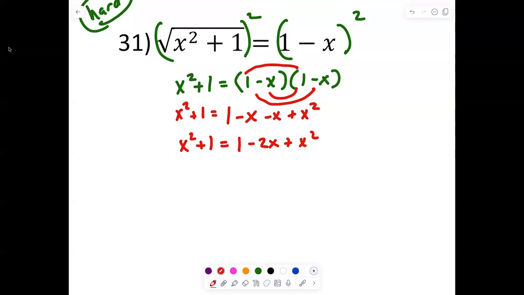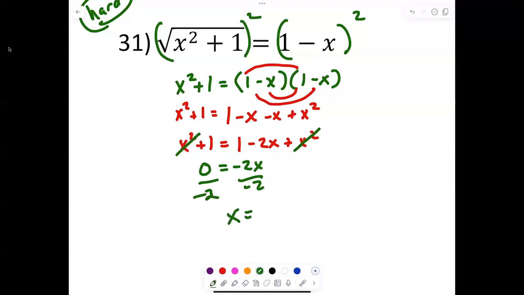Now, what happens to the x squareds? They cancel. And what happens to the two ones? So I have 0 equals negative 2x. And now if I divide by negative 2, x equals what? 0. X equals 0. After all that, it was just a 0.